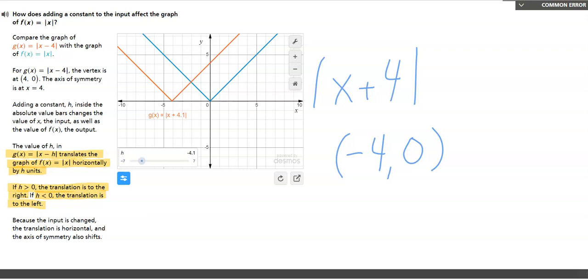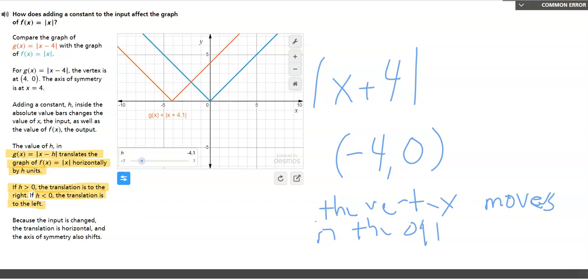If you want some typical speak, what I always say is the vertex moves in the opposite direction of the sign.